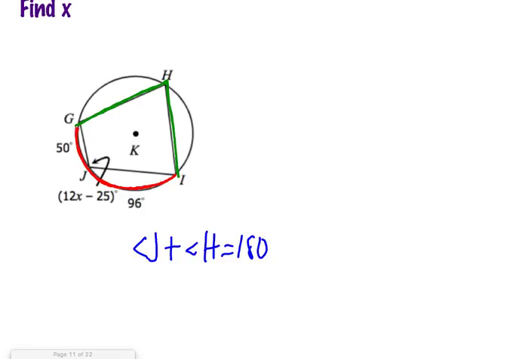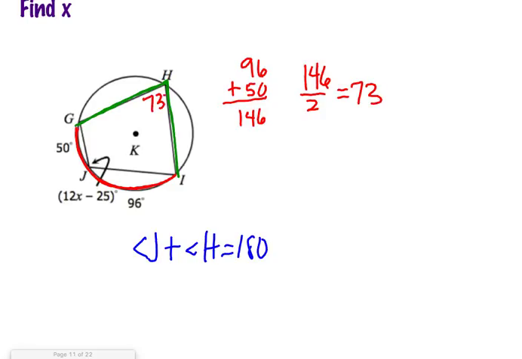So let's first figure out what 96 plus 50 is. It's 146. That's a big arc. And I know angle H is half that amount. So 146 divided by 2 gives me 73. We're in business.